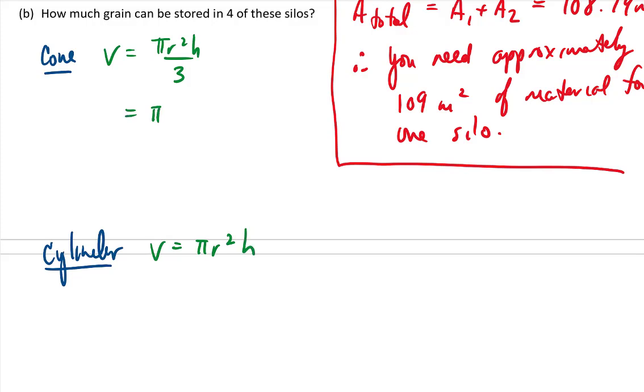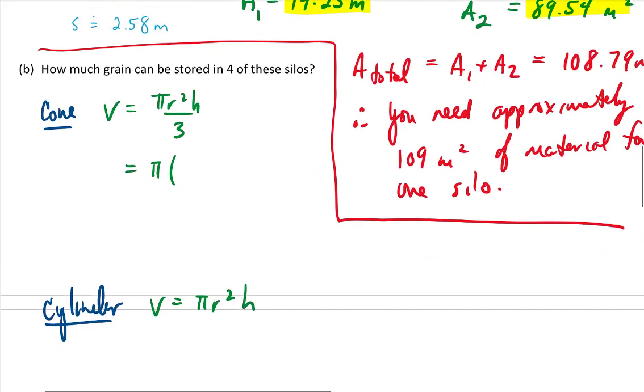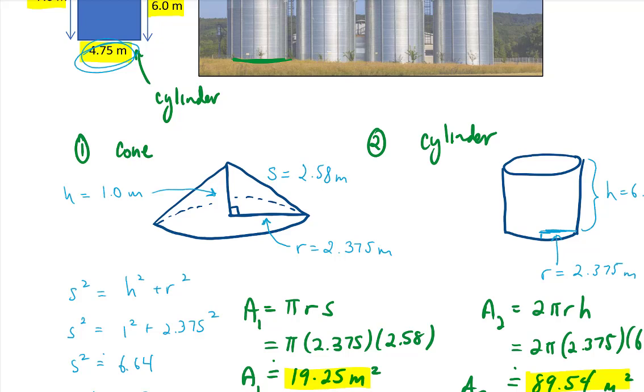So for the first one, we get pi. If we go back, we saw that the radius is 2.375. So using our answer from A, 2.375 squared times the height of the cone, which was 1, all divided by 3. So remember, here's our diagram here. We said that h was 1, and there's the radius.